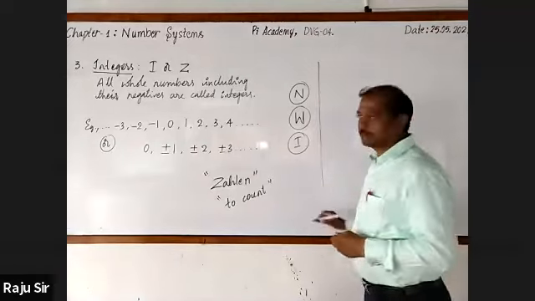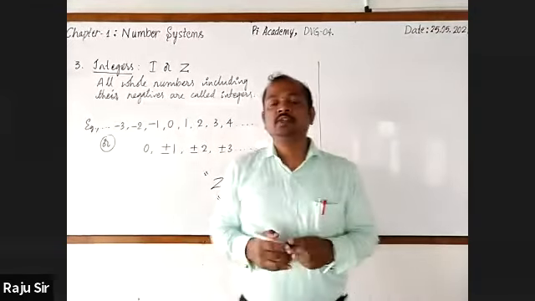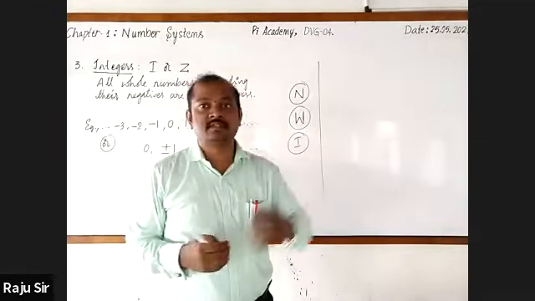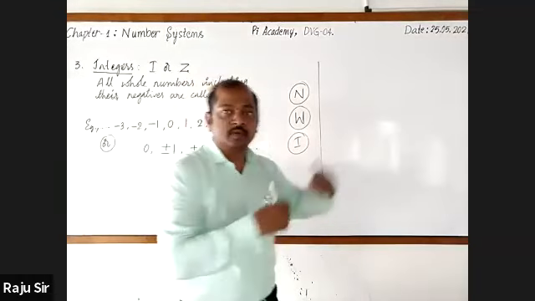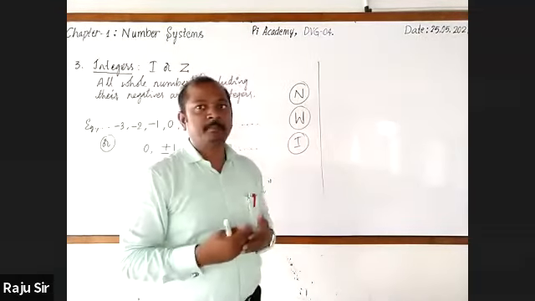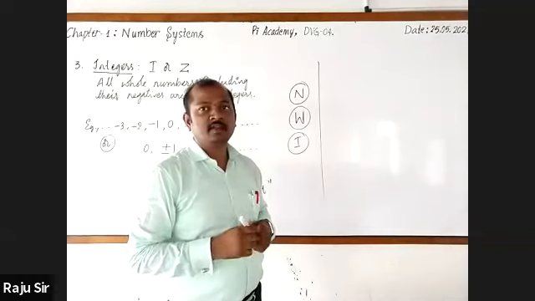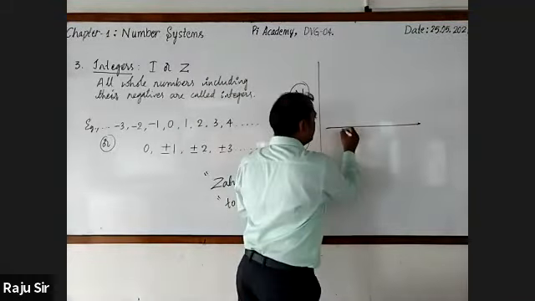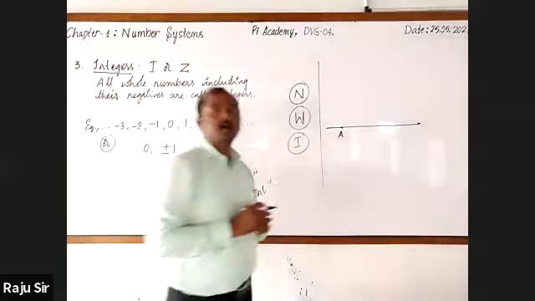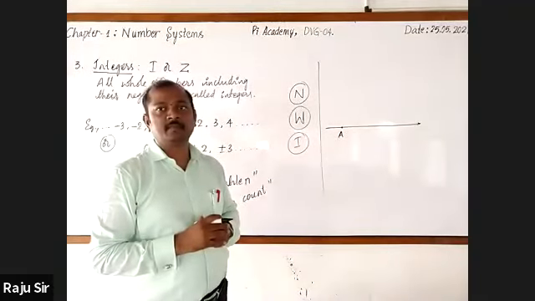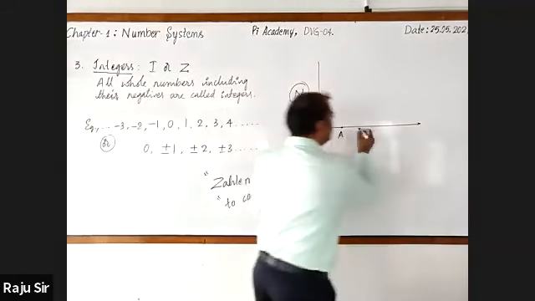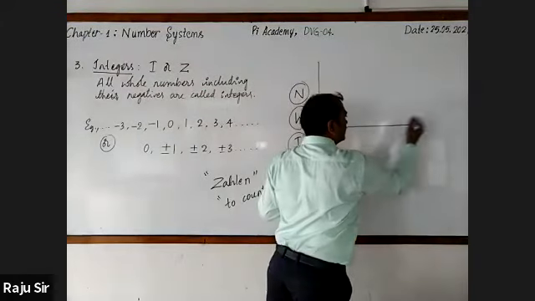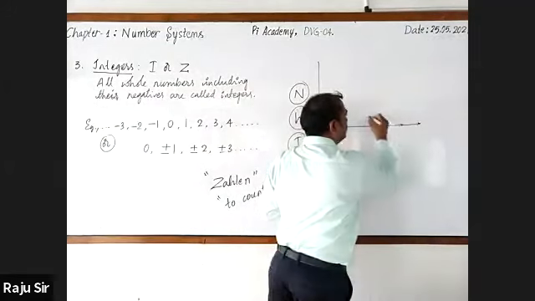Dear students, in your previous classes, you have learned about distance, forward distance as well as backward distance. Imagine that a man is walking from a point. I call that point A. He moved towards the right side around 5 meters.